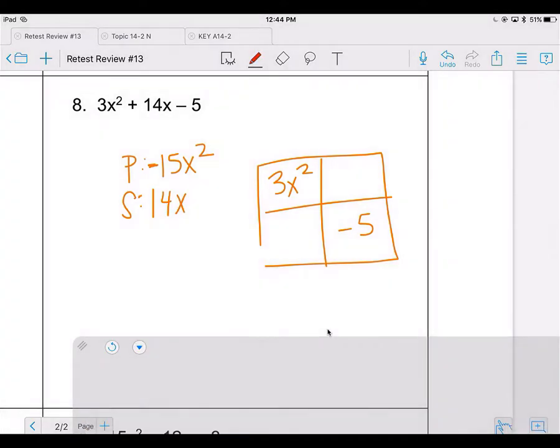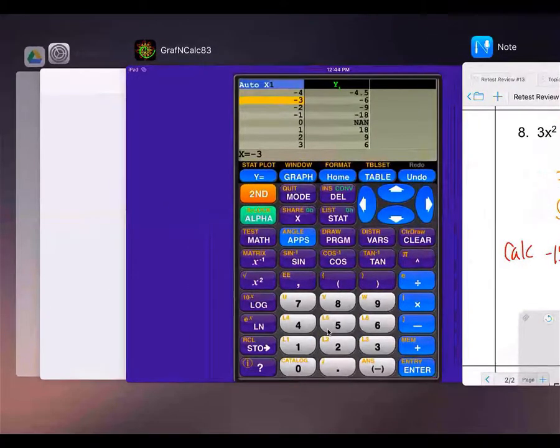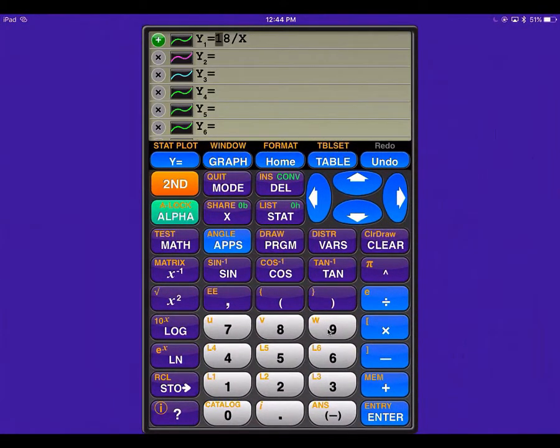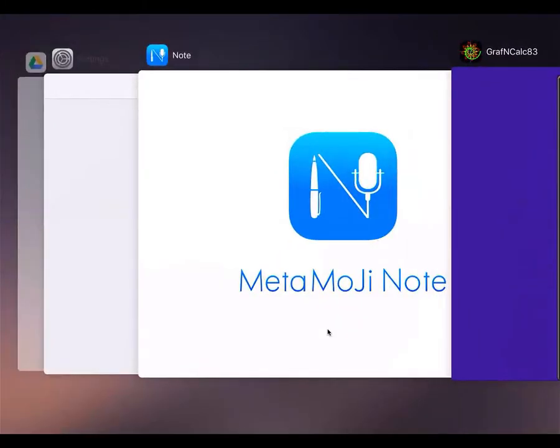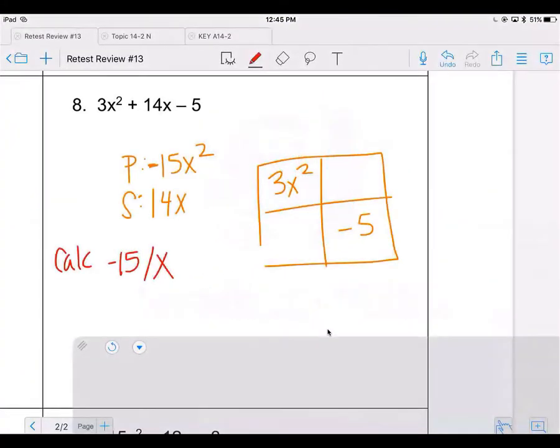So in the calculator, I put my product divided by x, so negative 15 divided by x, and I search for positive 14. So right here, negative 1 plus 15 would give me a positive 14. So negative 1 and positive 15 gave me that positive 14.